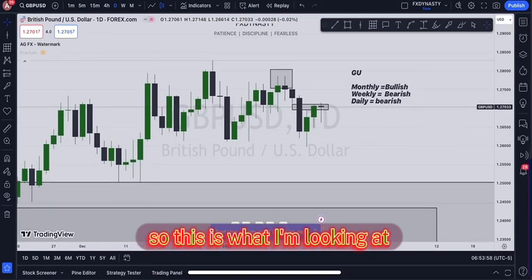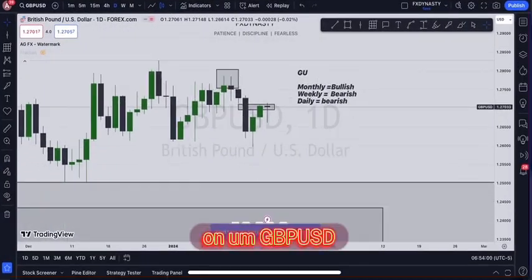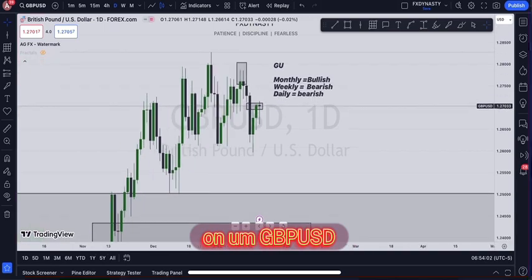So this is what I'm looking at on GBPUSD.